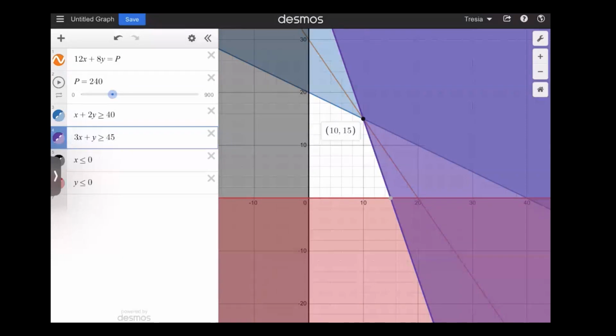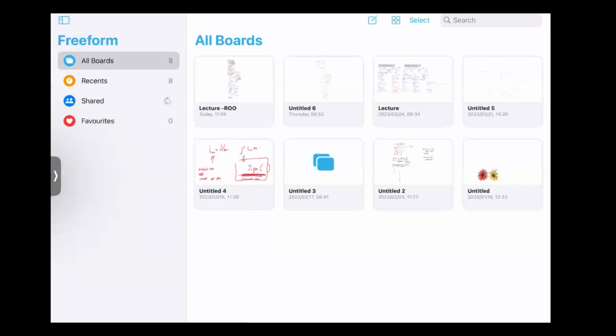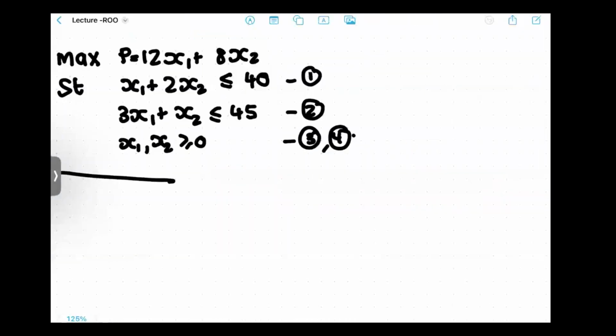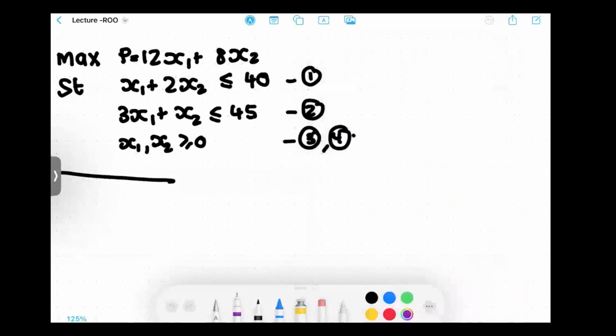So let's go back to our freeform and go from there. We now know, because we've done the work, that it was our purple constraint and our blue constraint. I wonder if I can do this as purple. There we go. Our purple constraint was the top one, it was this one. And our blue constraint, it was this one.